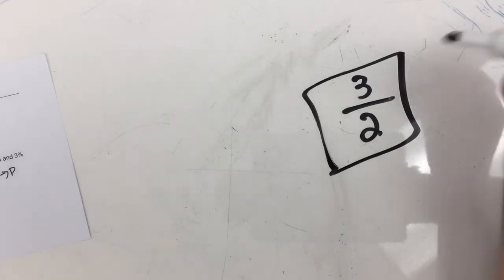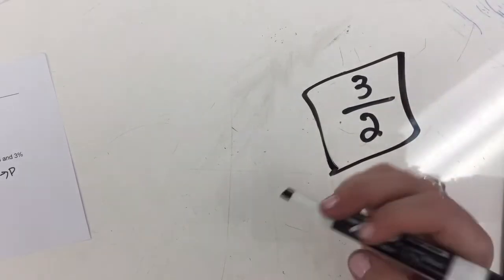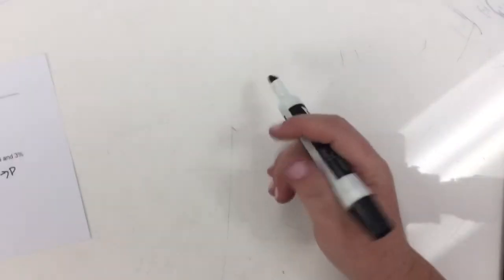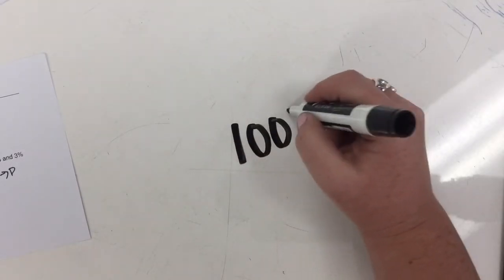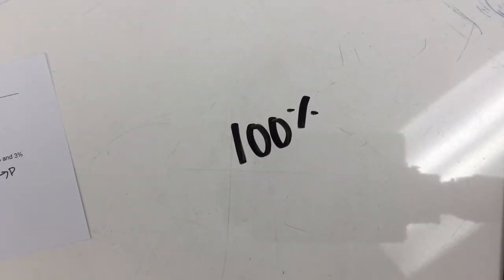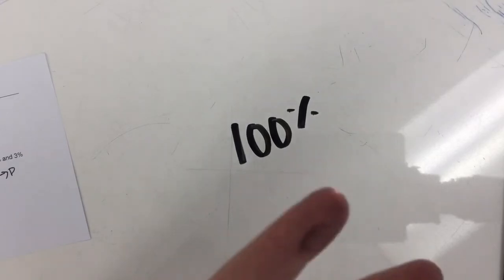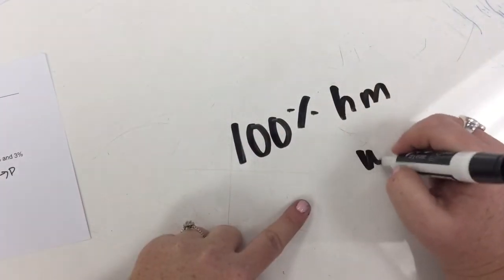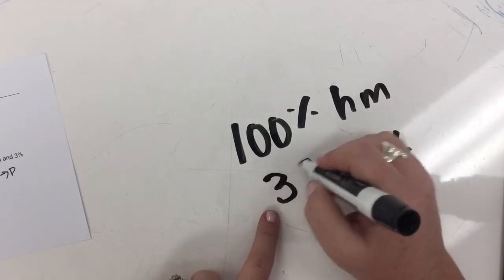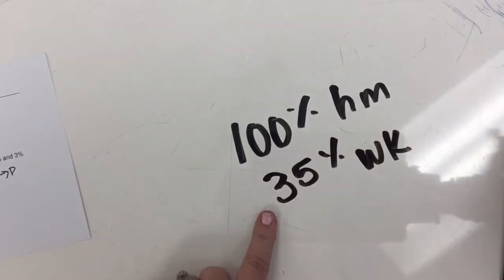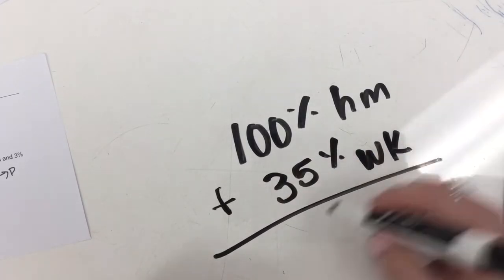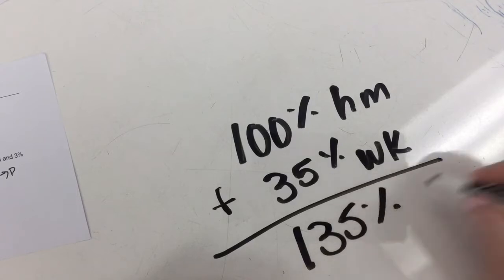If I do have a whole number in front of a fraction, that means I'm probably going to have more than 100%. So if I had a cell phone with a full battery, I have 100%, right? If I have my second phone, like let's say a work phone, and this is my home phone, and the work phone has 35%, if I add those together, my total percent of battery is 135%.